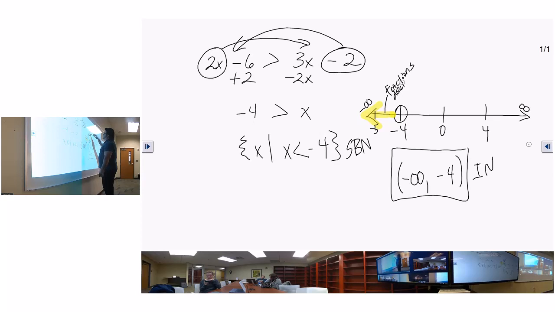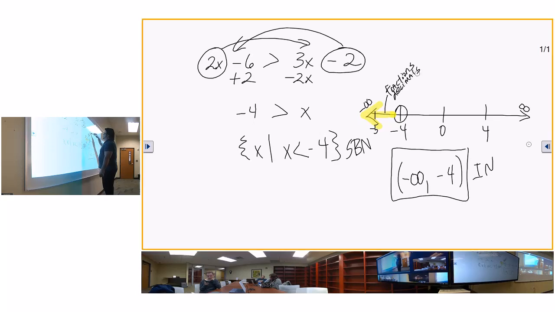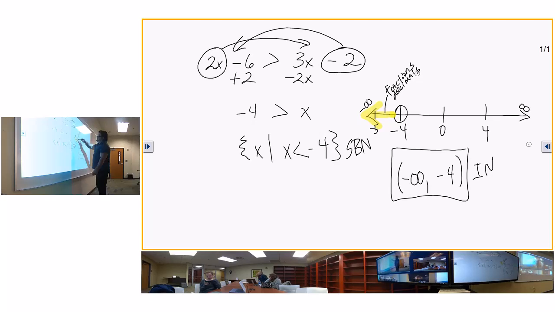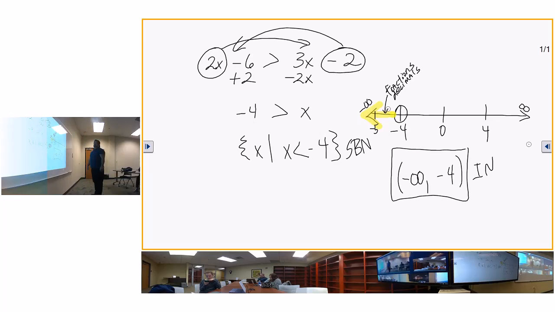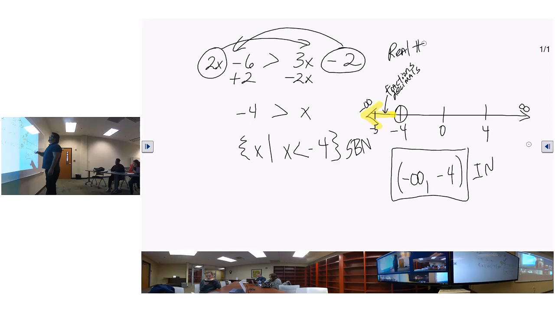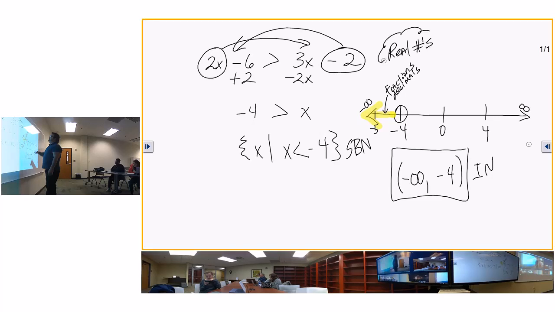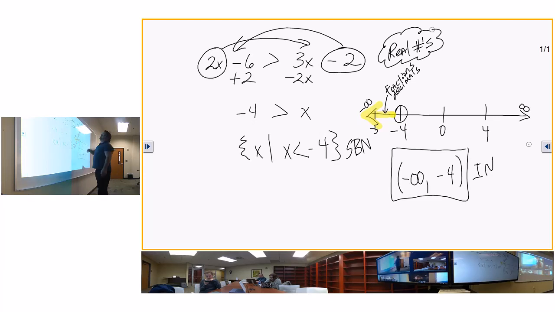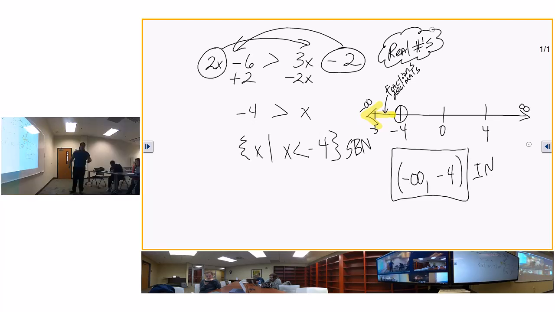So when I cover this area in a highlight, that means I'm including fractions and decimals. So this means real numbers. So your directions will say, find the real numbers, or find the real numbers in the solution set, or something like that. Meaning that you're saying, what's different?